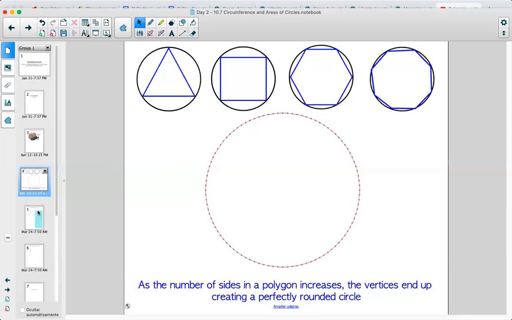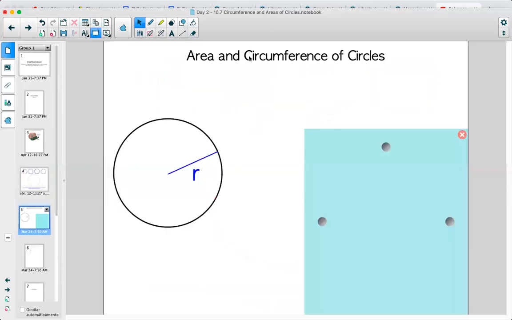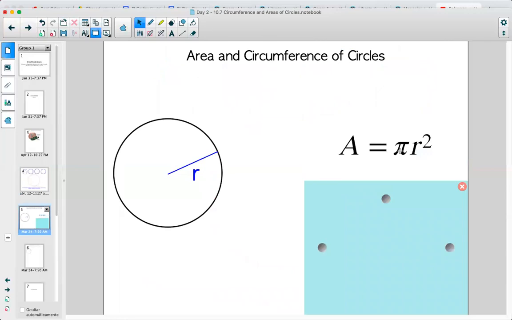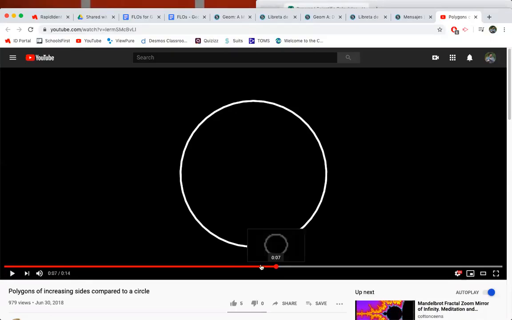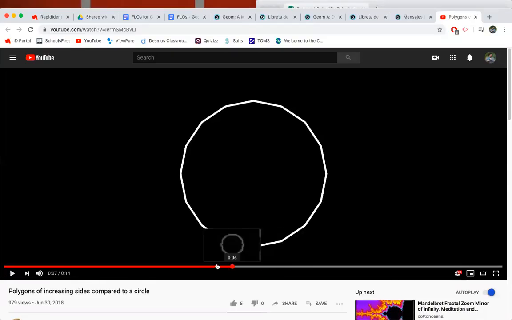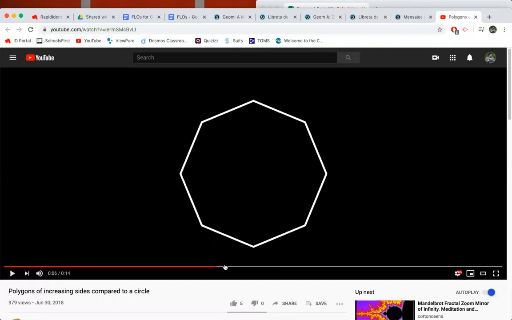And I'll show you the area formula. The area formula is pi r squared. How they came up with that is, again, when they took the area of a 10-sided polygon, they got a certain number, which was 3.14 dot, dot, dot.